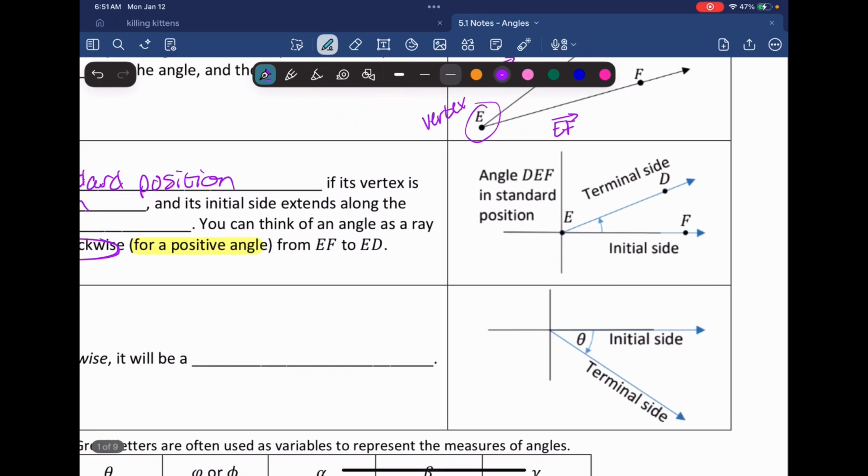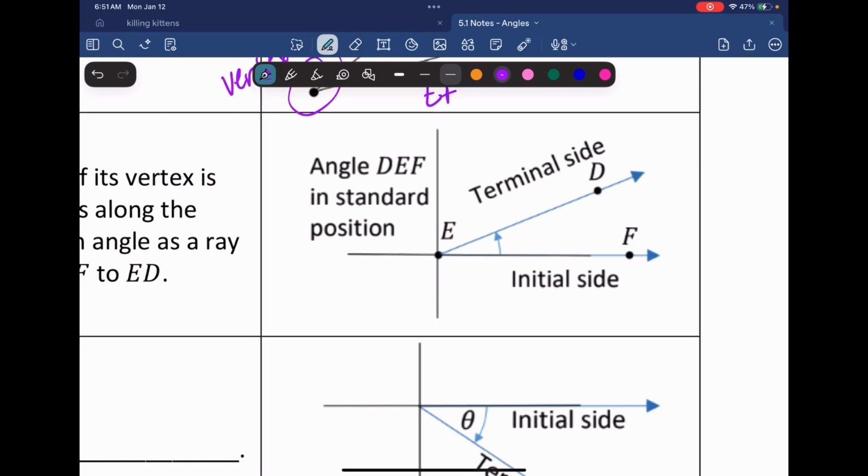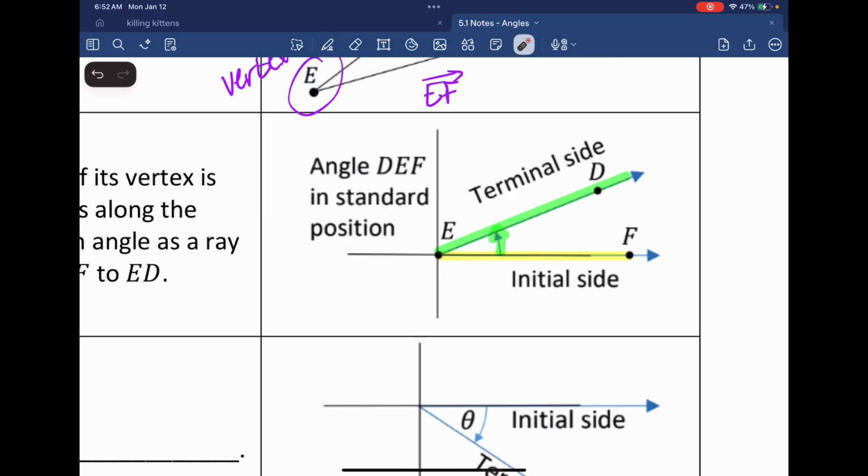So when I'm looking over here, I can see my initial side right here along the positive x-axis. My terminal side, this is the side that's doing the rotating up here, where E is the vertex.